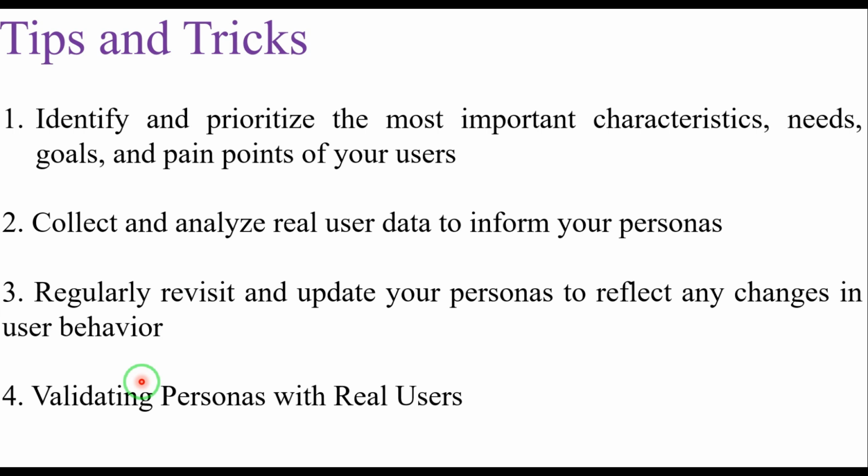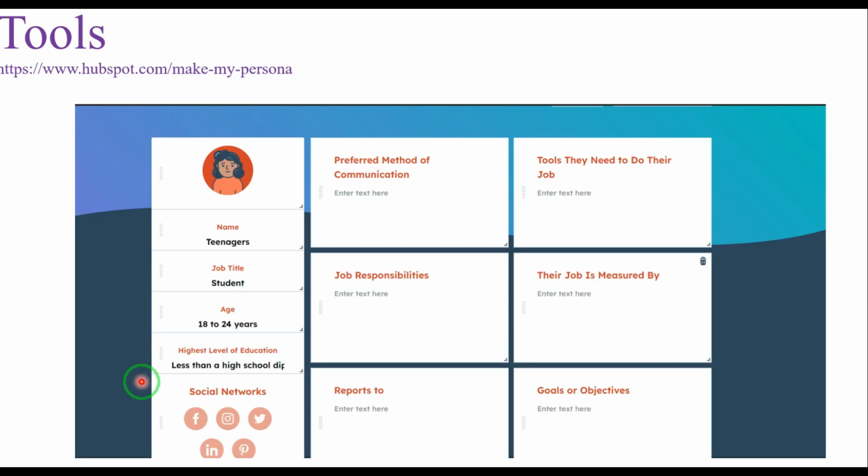Personas that aren't grounded in reality can mislead the team, resulting in design choices that don't resonate with the actual user base. This can cause mismatched expectations and ultimately a product that fails to meet user needs. For example, assume that all users in a certain age group are tech-savvy without conducting surveys or interviews to confirm. This can lead to designs that are either too complex or too simplistic.